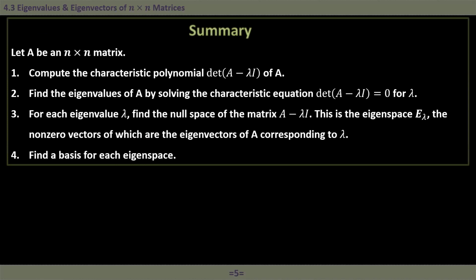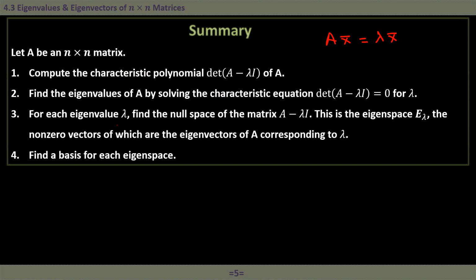Now let's summarize and get back to solving problems. If you're given an n by n matrix A, we are talking about the eigenvalue problem: A times the vector X equals lambda times X. It's a linear transformation that transforms the vector X into another vector which is parallel to itself. First, we compute the characteristic polynomial, the determinant of A minus lambda I. After that, we find the eigenvalues of A by solving the characteristic equation.